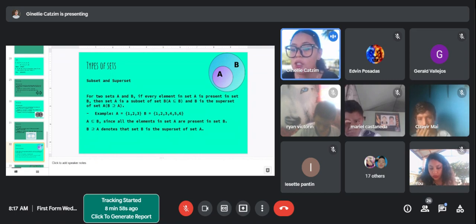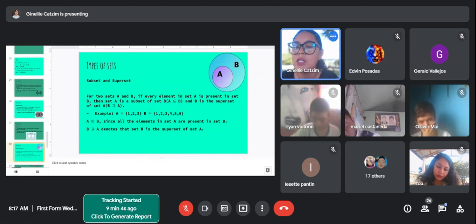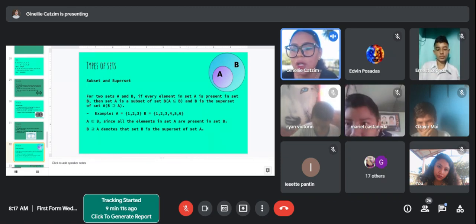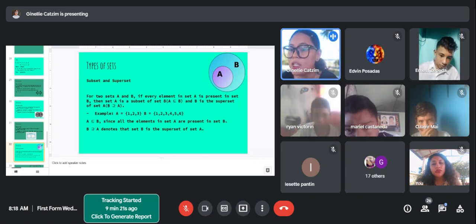Let's look at this little image that I have in the back, way at the top. Set A, as you can see, we can include here 1, 2, 3, and then set B, because set B is the bigger set, right? And because set A is a subset, we can see that B is the superset.